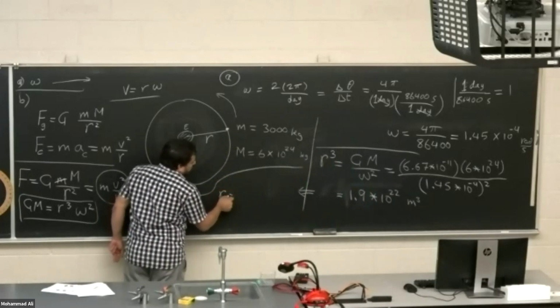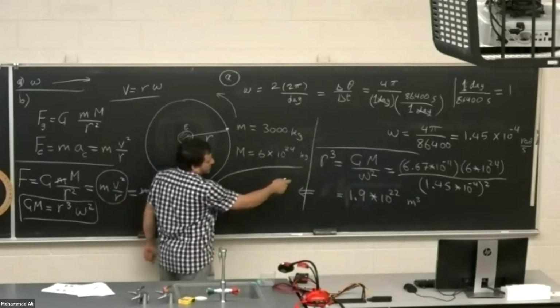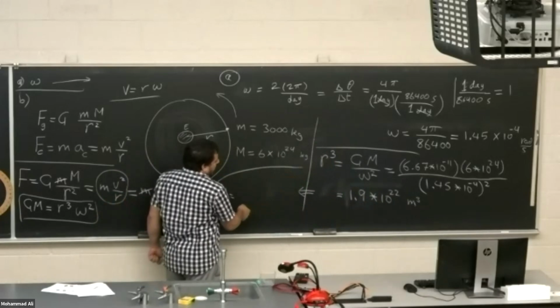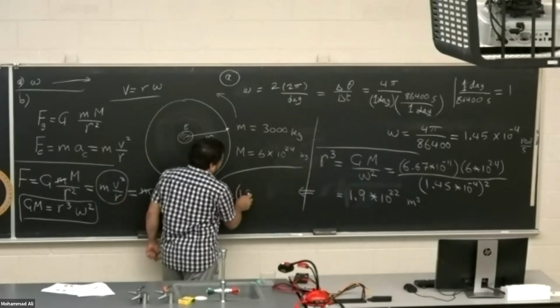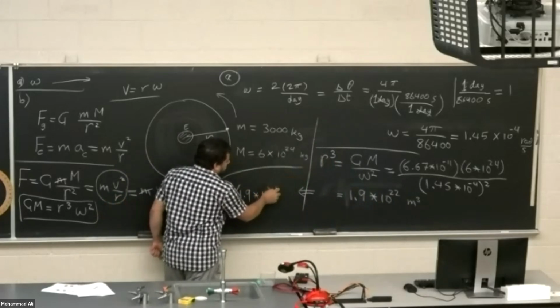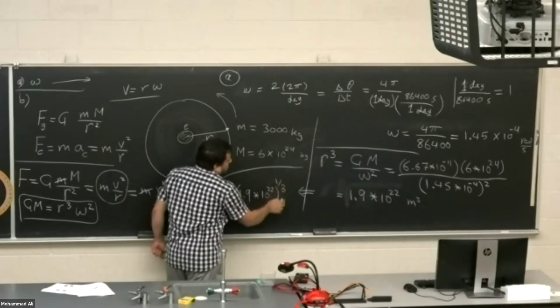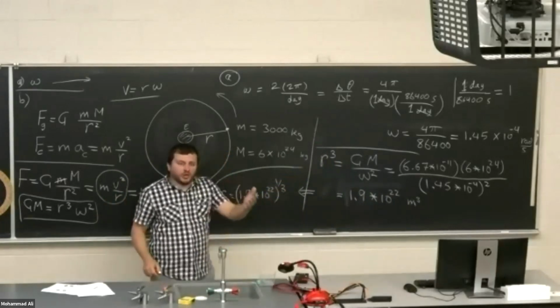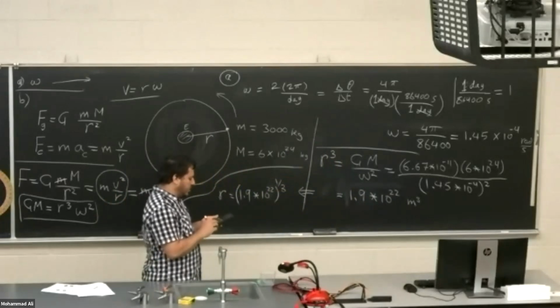R is equal to the cube root of that, 1.9 multiplied by 10 to 22, to the power of a third, which is the cube root.